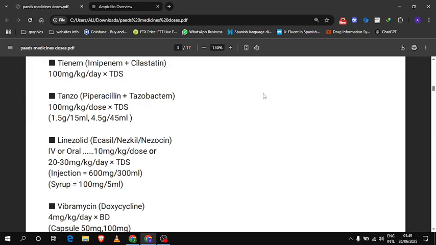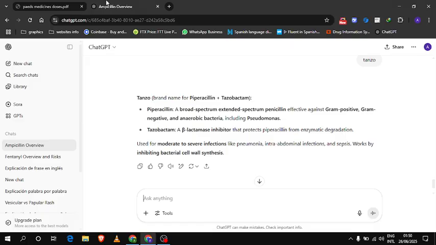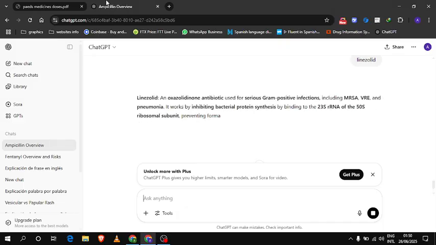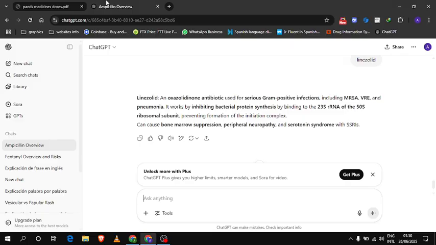The next is linezolid. It is also very commonly used in infants. The brand names are Icacil, Nezkil, Nazocin. It is an oxazolidinone antibiotic used for serious gram-positive infections, including MRSA, VRE, and pneumonia.